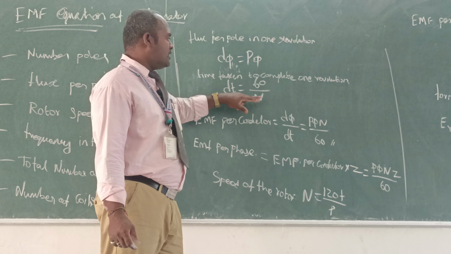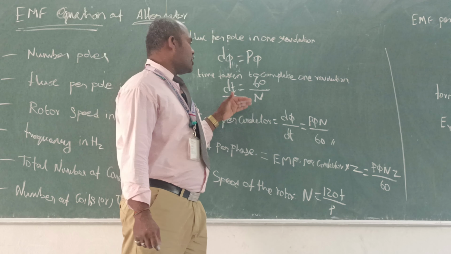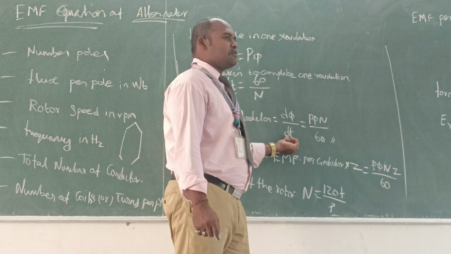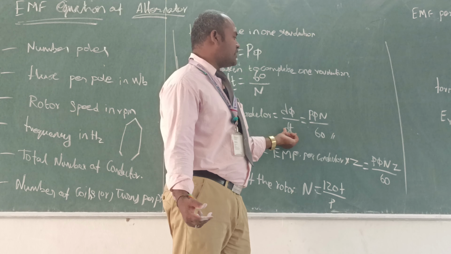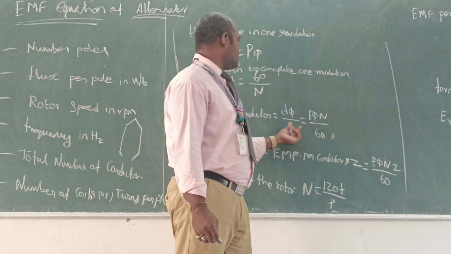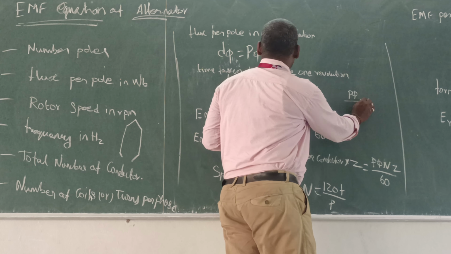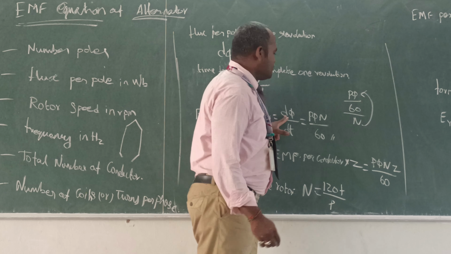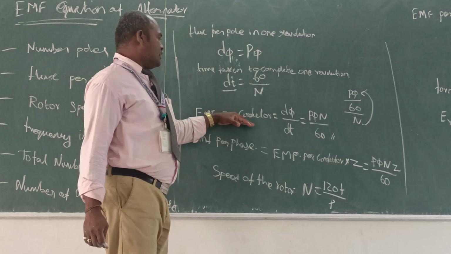The EMF per conductor is the differential flux with respect to the differential time. So it is P phi N divided by 60. How does it come? d phi is P phi, divided by 60 by N; the last denominator multiplies the first numerator, giving P phi N divided by 60. That is the EMF per conductor.